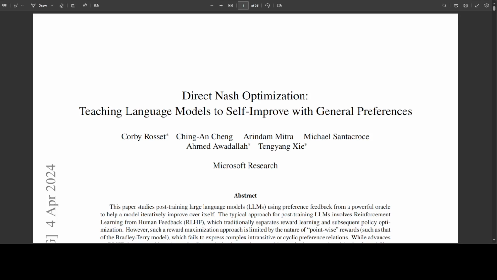Now, this new DNO from Microsoft has already beaten Direct Preference Optimization by applying game theory to LLM reinforcement learning. And as I said earlier, it doesn't even require a reward model. So, this Nash equilibrium is a game theory concept in which each participant's choice is considered optimal given the choices of others.